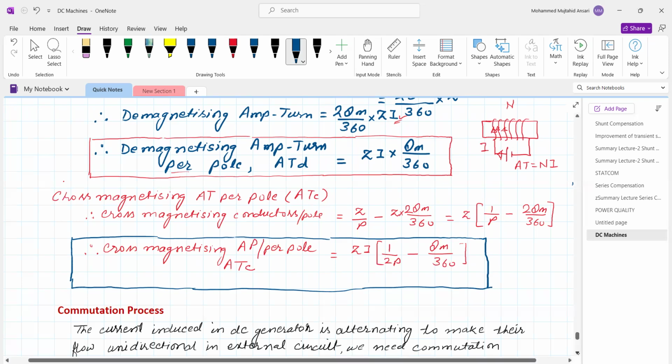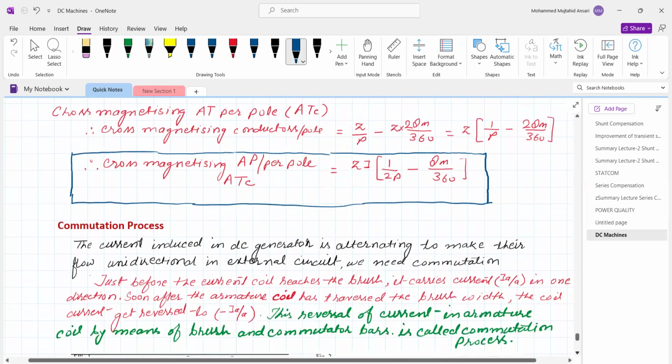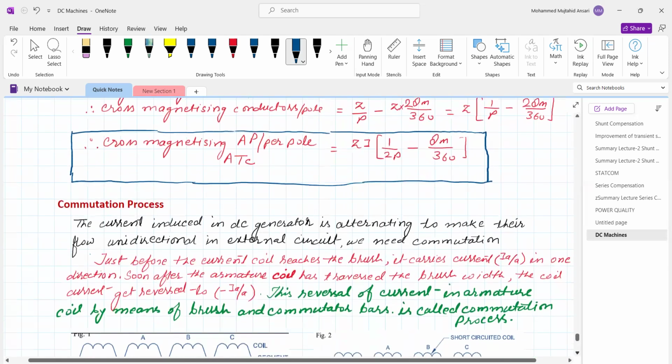Now, we will see the commutation process. As in the very early lectures of the topic, we found that the EMF induced in the armature conductor is always alternating, by dynamically induced EMF. For the AC generator, if you use the slip ring, the current in the external circuit is bidirectional, that is a sinusoidal waveform.